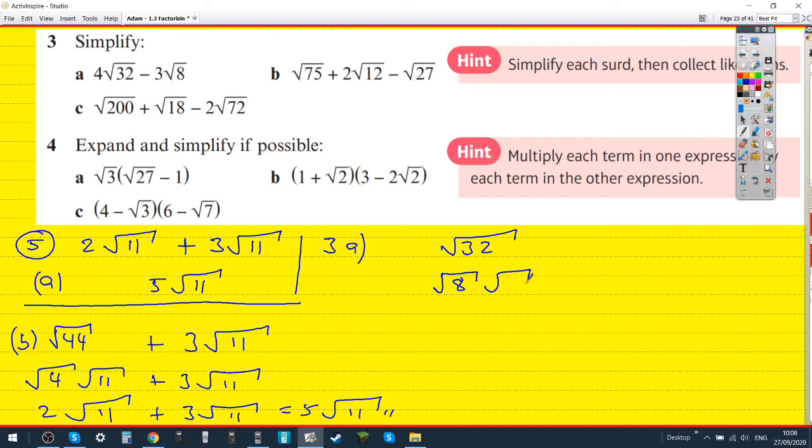Which would be 2 square root 8. What would you do with the 4 for question 3a? What is 4x short for? 4x means 4 times x. Oh, okay, yeah. And so 4 root 11 is short for 4 times root 11, and so on. And so it's that times 4. Oh, okay, right.